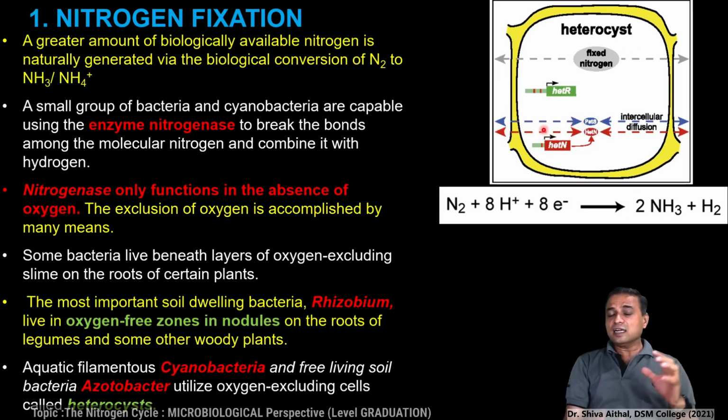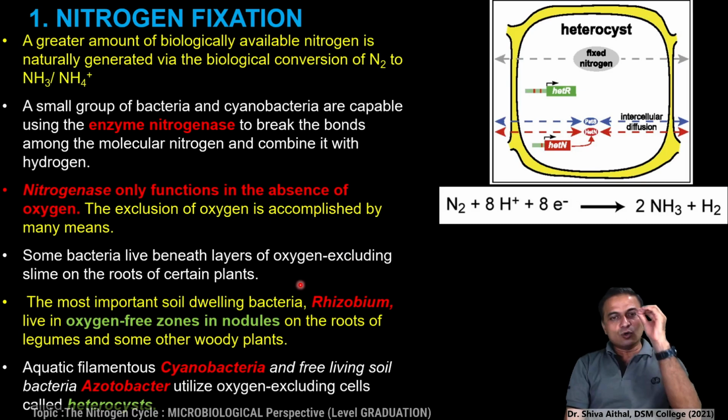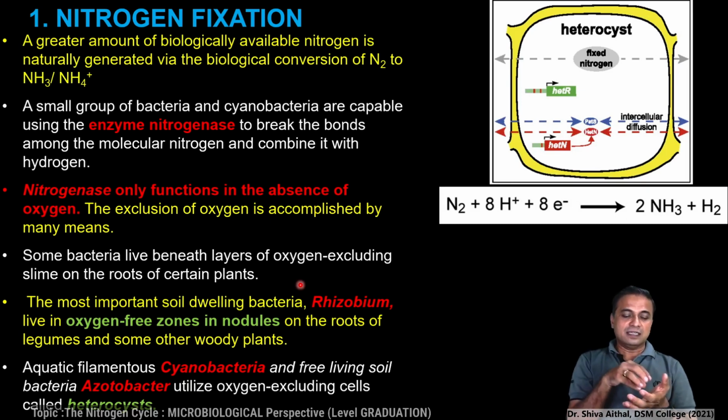There are certain symbiotic bacteria like Rhizobium. These Rhizobium live in root nodules, and these root nodules are oxygen free zones. Once they are present inside the root nodule, though they are aerobic, they have an oxygen free zone by which their fixation process is not affected. On the roots of legumes and some other woody plants, the plant material itself supports the exclusion of oxygen, like the slime in Azotobacter.